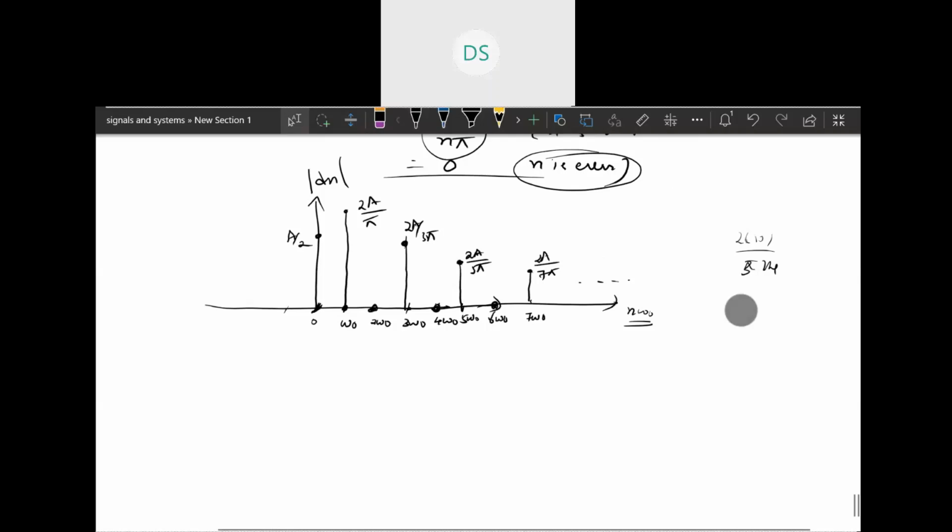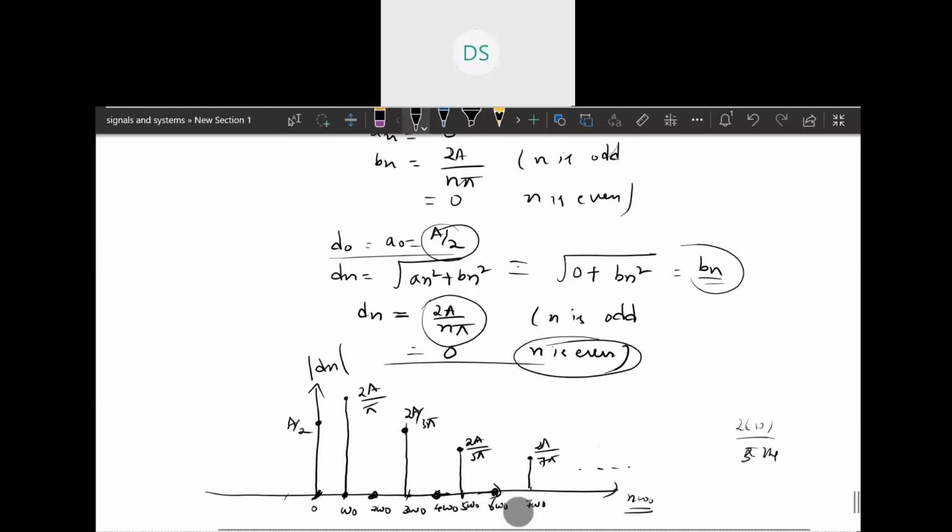Now you can also draw the phase spectrum of this one. So phase spectrum is equal to what? Theta n. Theta n is equal to tan inverse, but actually you can see here, the minus sign is also there.